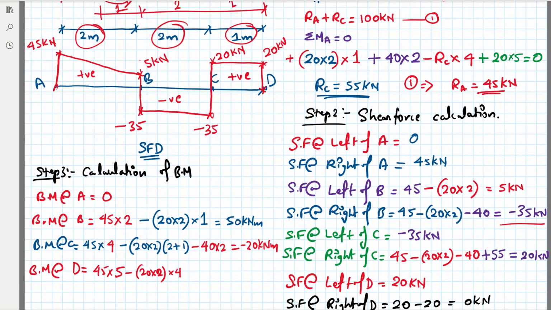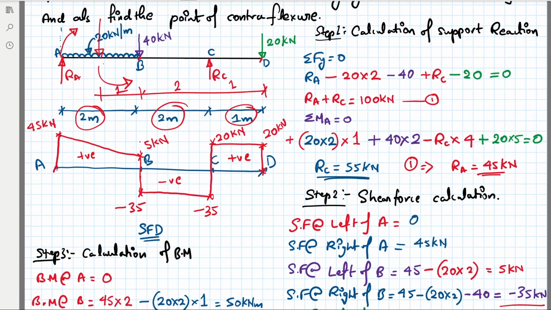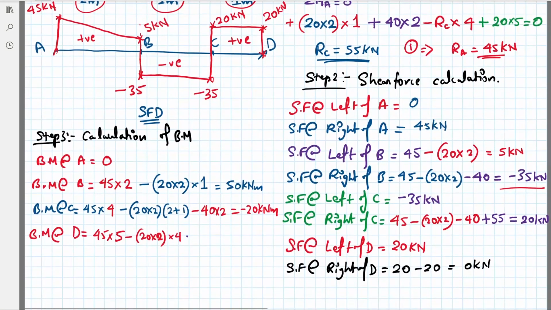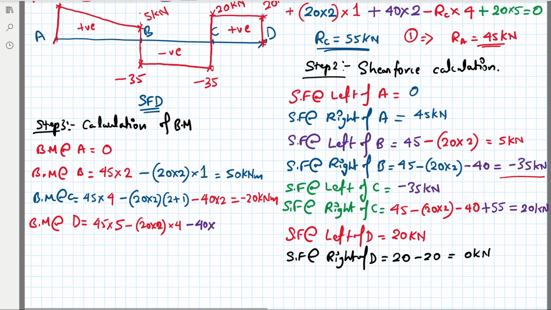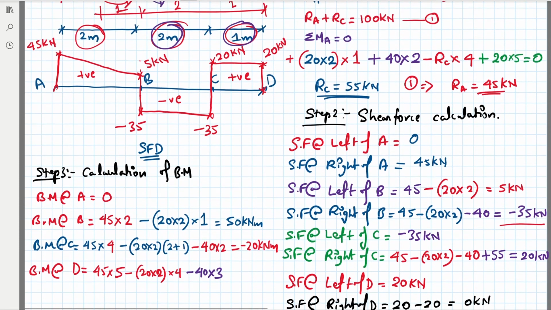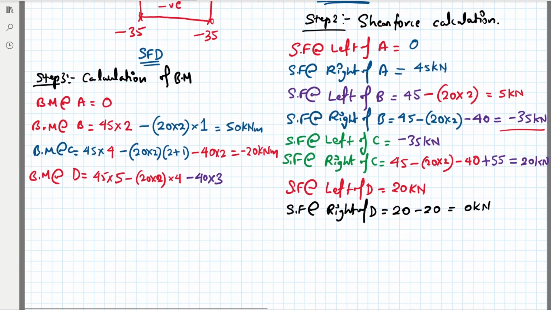Into 4 is the distance. Then we have the point load, that is 40 kilonewton. About D, it rotates in the anti-clockwise direction, therefore minus 40 into the distance, which is 2 plus 1 meter, total 3 meter. Then we have RC. About D, RC rotates in the clockwise direction.